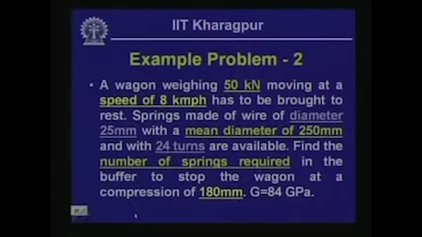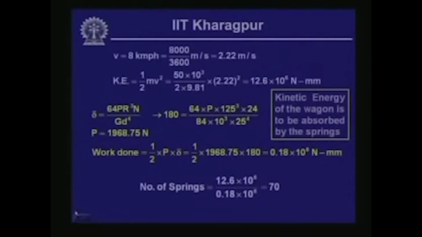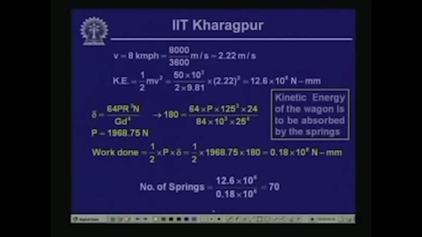So, if we compute the kinetic energy of the wagon, it is equal to half mv square, where m is the mass of the wagon and v is the velocity with which it is moving.